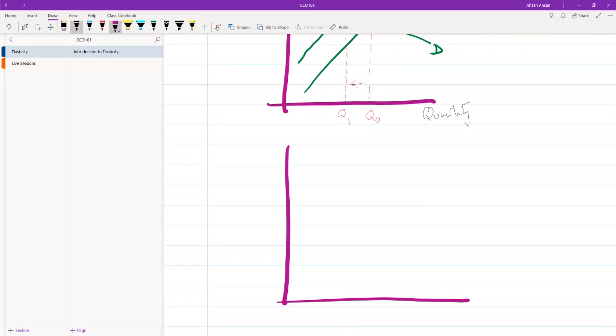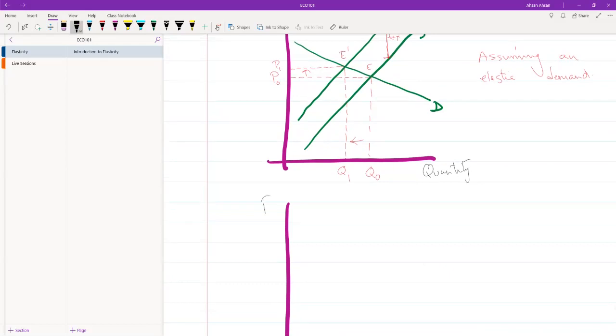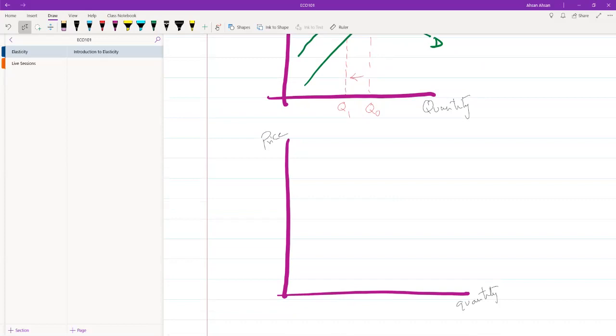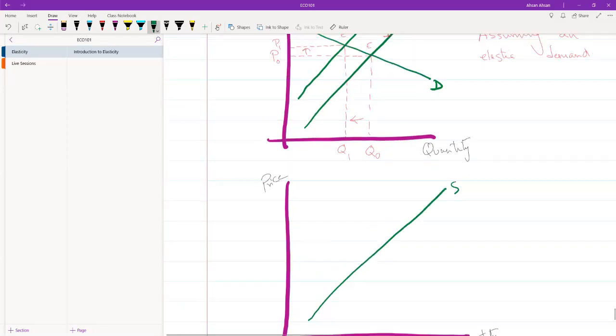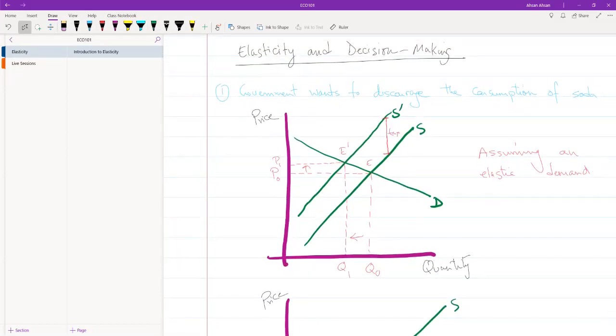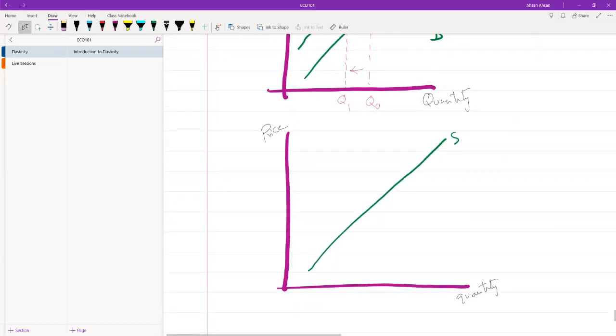We have quantity here, and price here. This is still the supply curve, but now the reality is that the government had assumed a relatively elastic demand curve, but the truth is demand is inelastic.